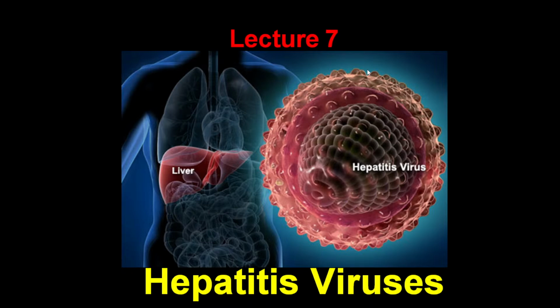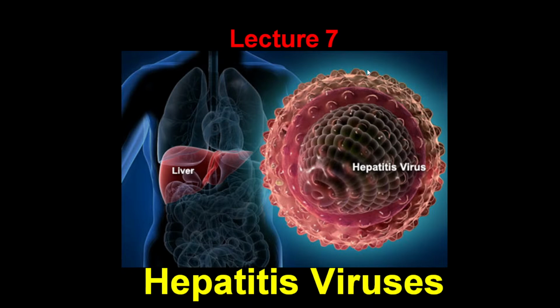That's because they are both icosahedral naked viruses with a tightly packed capsid, and they are highly resistant to stomach acidity and intestinal tract enzymes. So they are not inactivated in the intestinal tract by enzymes.